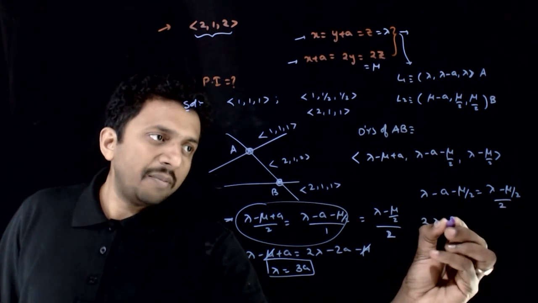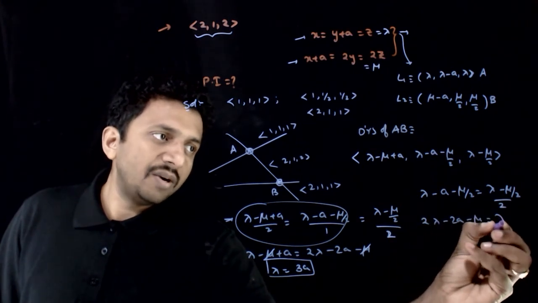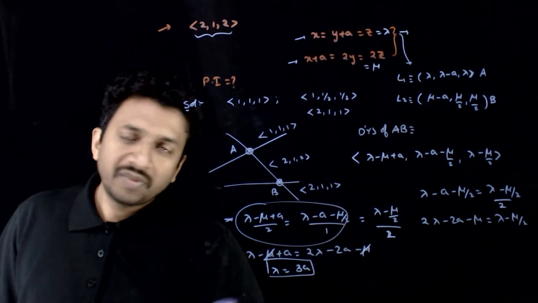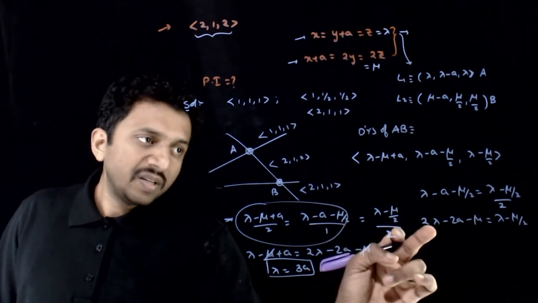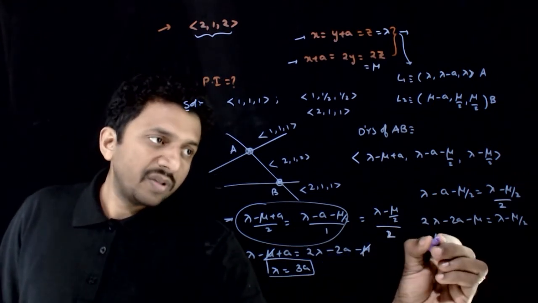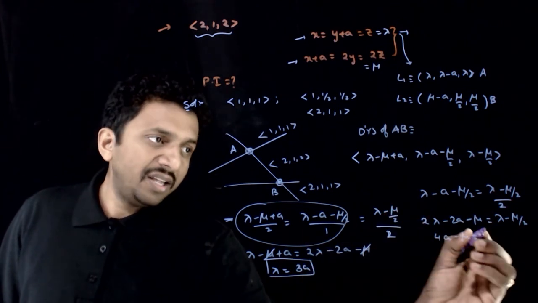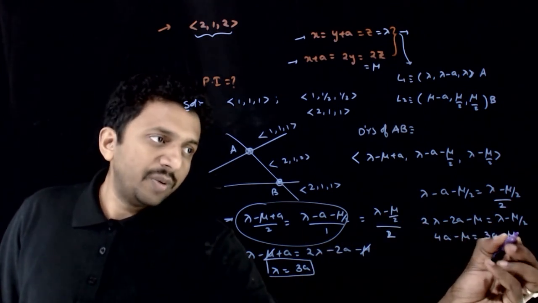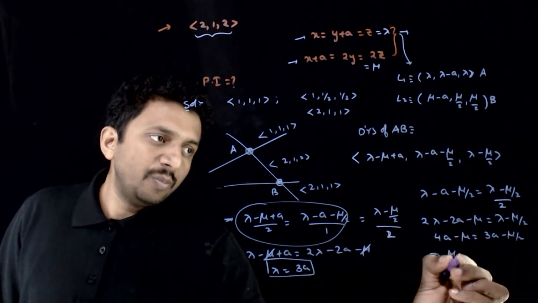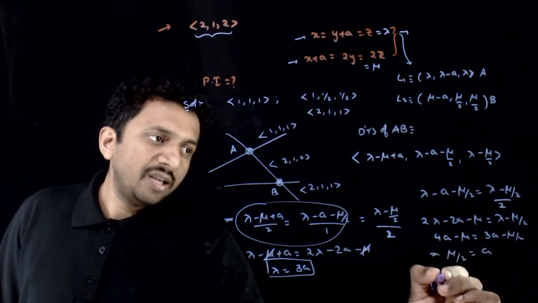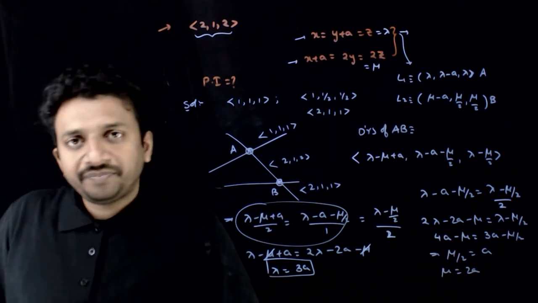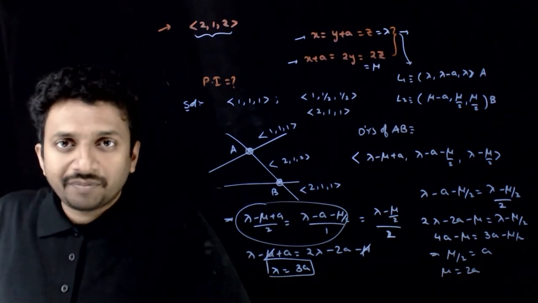So 2 lambda minus 2a minus mu is equal to lambda minus mu by 2. And lambda is equal to 3a. So 6a minus 2a, 4a minus mu is equal to 3a minus mu by 2. This implies mu by 2 is equal to a, mu is equal to 2a.